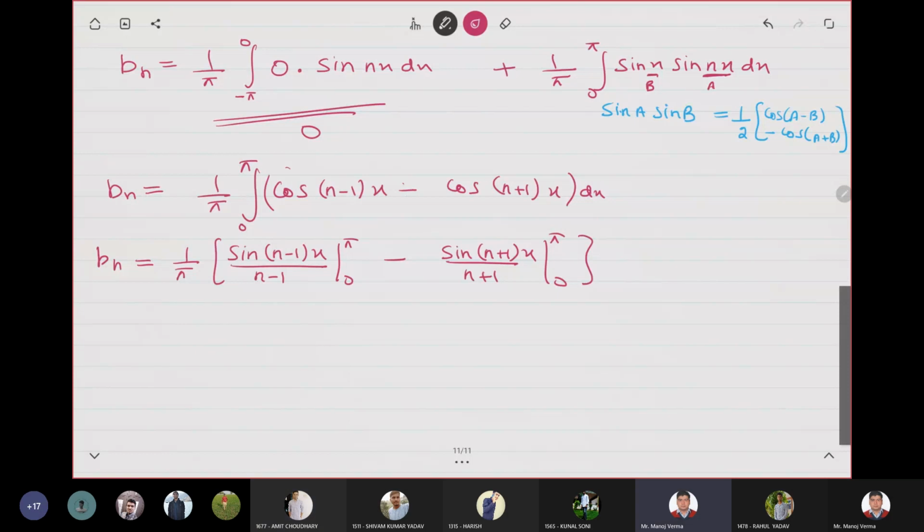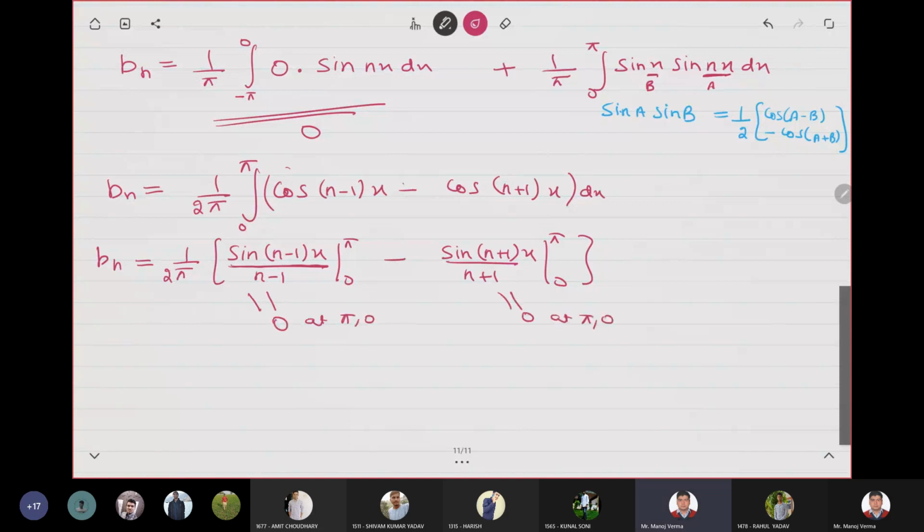Oh, sorry, it should be 1 over 2 pi, I am taking 2 outside. But you can see both these expressions will be 0 at both pi as well as 0.